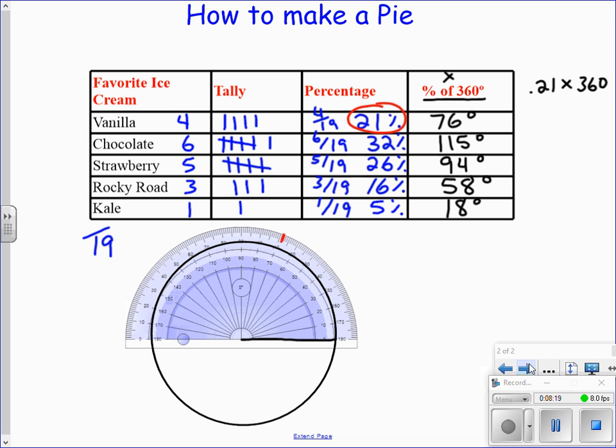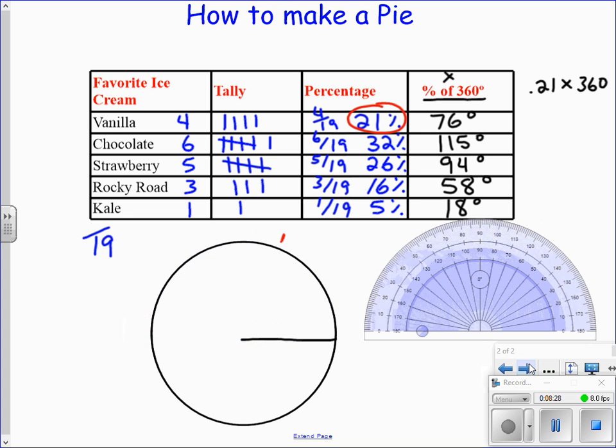And remember that it's less than 90, so it should be less than a right angle. So I'm going to put the mark there. I'm going to have to, unfortunately, move this over to the side so that I can draw the line that goes from there to the center point. That chunk of pie, which is 70 degrees, represents the vanilla in the pie chart.